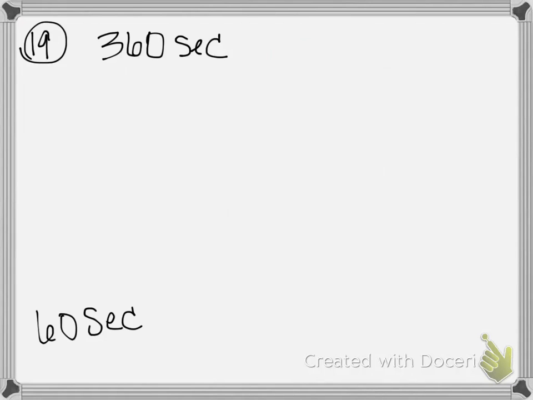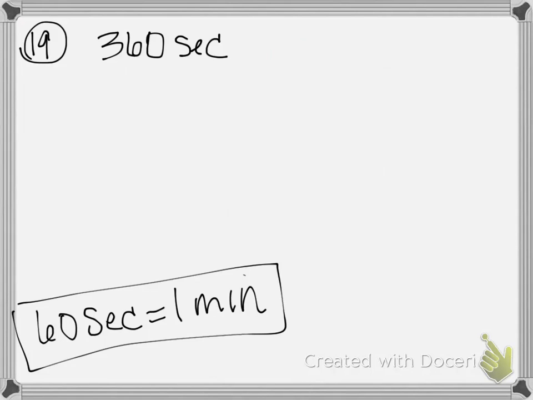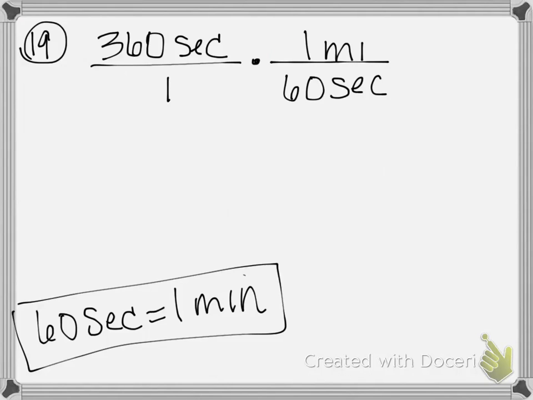All right, 19. We have 360 seconds, and they want to know how many minutes is that. Well, 60 seconds equals 1 minute. So that's our conversion. If you write it with conversion factors, we would say 60 seconds, we would say 1 minute.